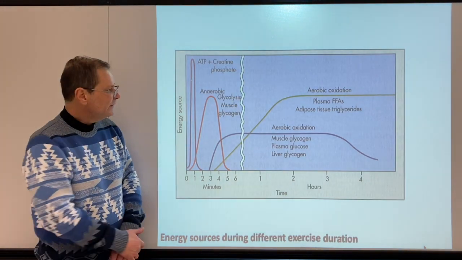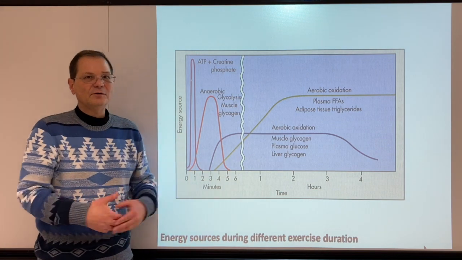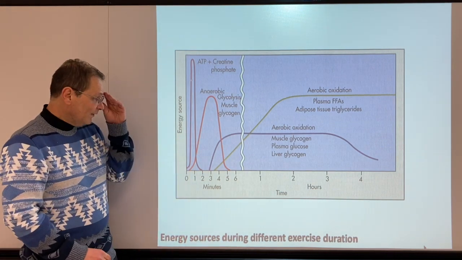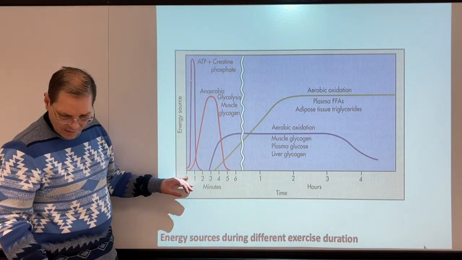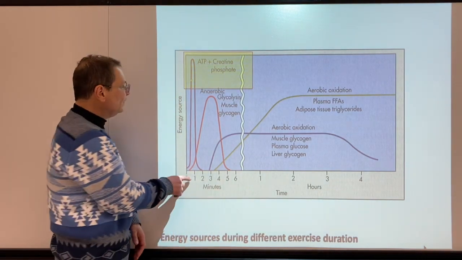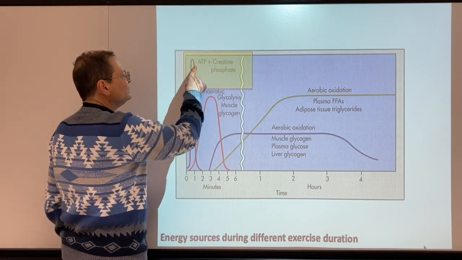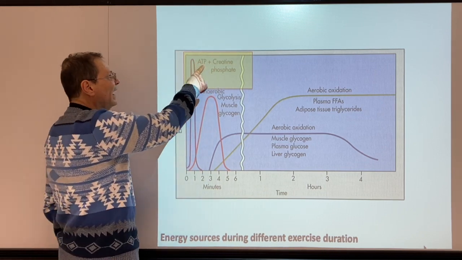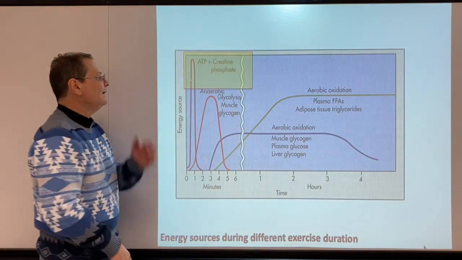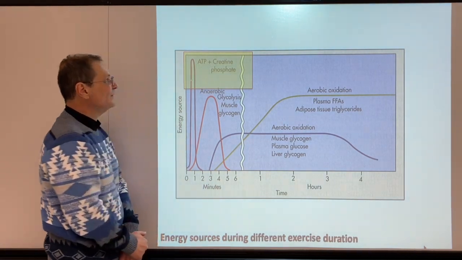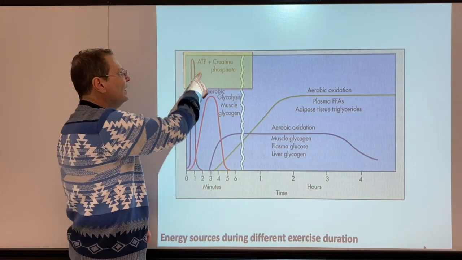Okay. So here's another way of demonstrating how you utilize substrate with an increased bout of exercise. So if you exercise the first few minutes, your primary source of energy is going to be the ATP that you've already got, plus creatine phosphate, which can be utilized by creatine phosphokinase to produce ATP.